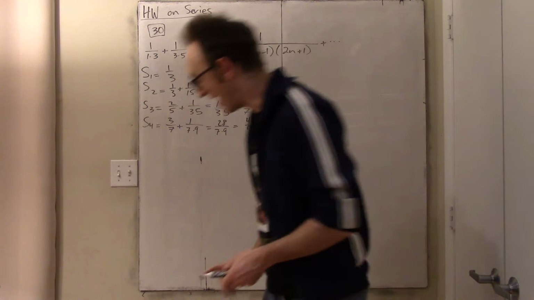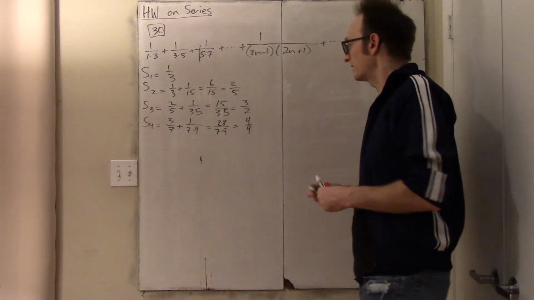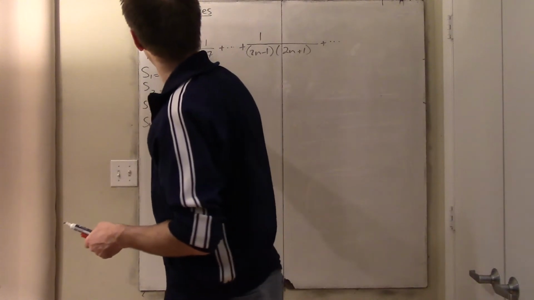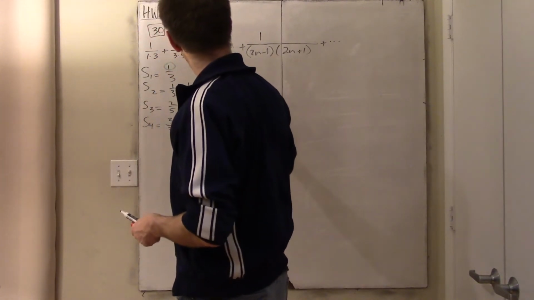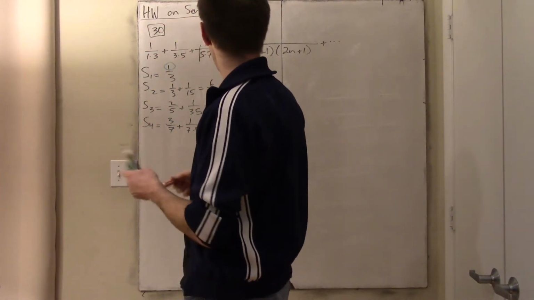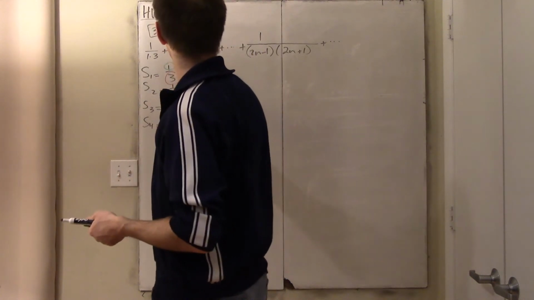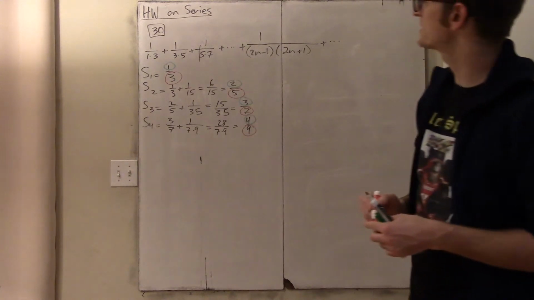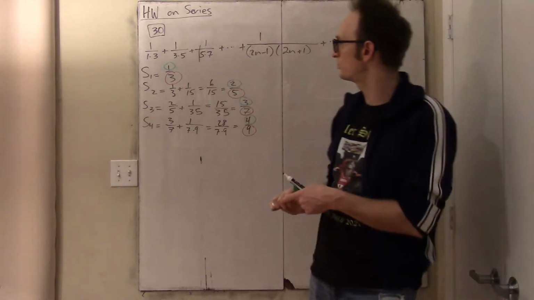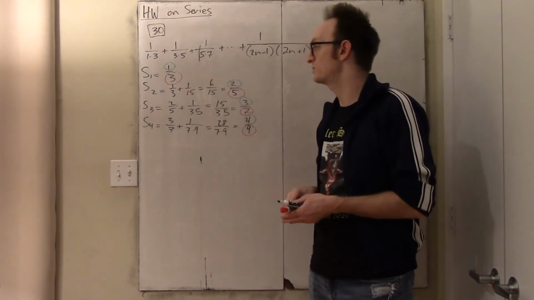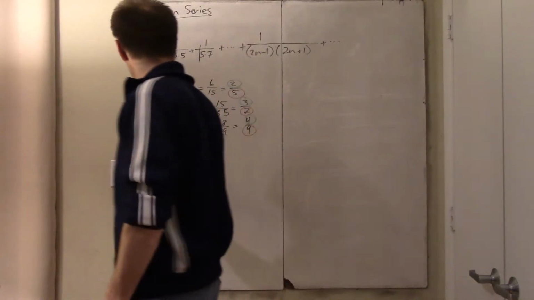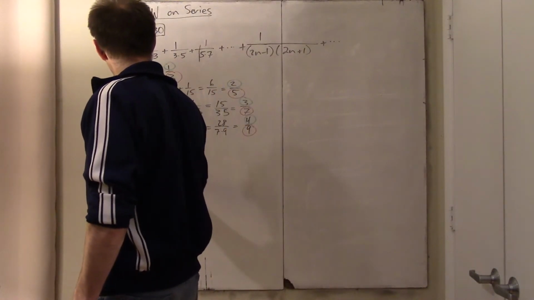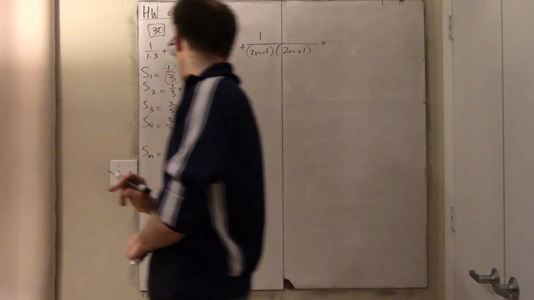Okay, this pattern now, I think, is very clear. The numerator is going up by 1 each time, and the denominator is going up by 2 each time. So now my job is to notice this pattern and to conjecture, and it really is only a conjecture, a formula for the sum of the first n terms.